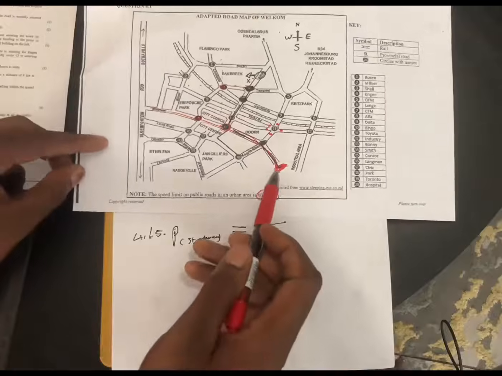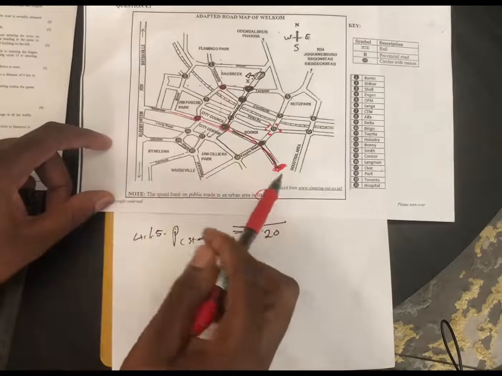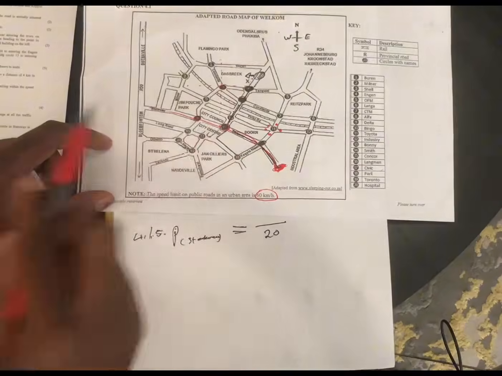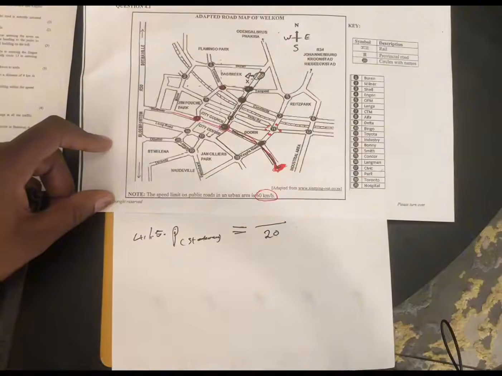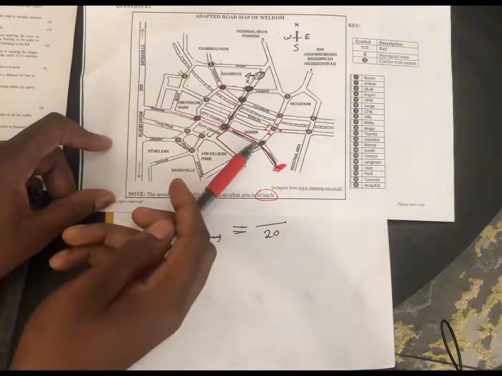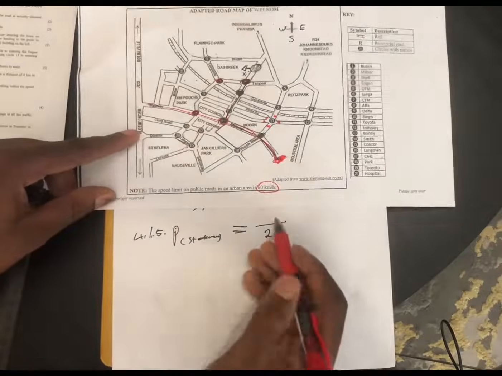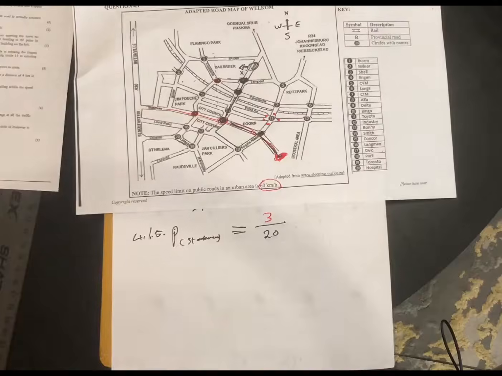This is a state way, the one that we highlighted with red. The circles that we have are 1, 2, and 3. That's the only circles that we have. So the probability is going to be 3 over 20.